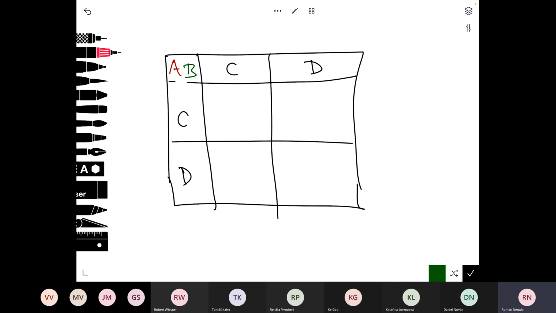Before I put concrete numbers, I will try to tell you the general idea. If you think of what numbers you can put there, you have cooperation and cooperation. If you cooperate, you receive the reward for cooperation. If you decide as A to cooperate, and Bob is defecting against you, then you're sort of the sucker, right?